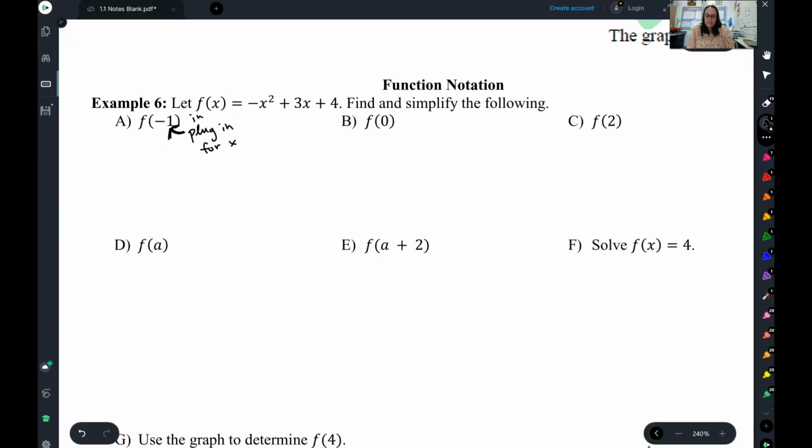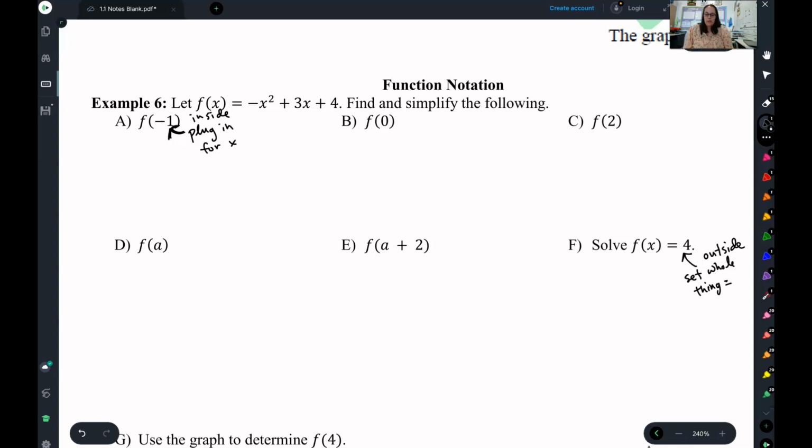That is if it's inside. You replace all the x's with that thing. If it is outside, you set the whole thing equal to this number and then solve from there. That is the big difference. If it's inside, plug it in for x. If it's outside, set the whole thing equal to.